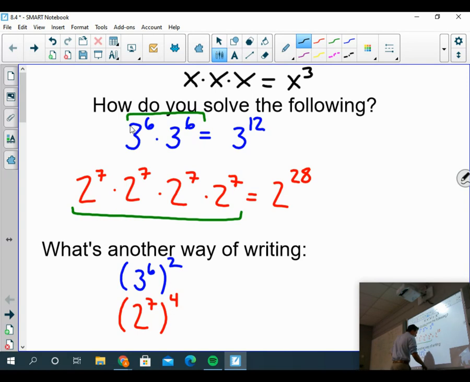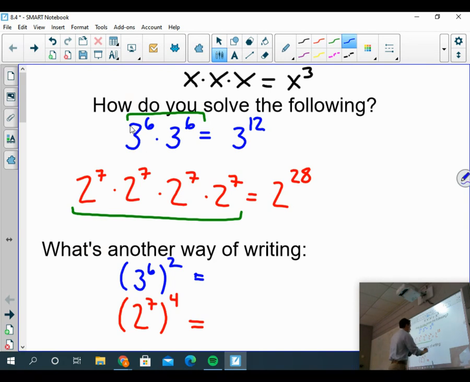Now let's examine these two truths, and I think you're going to see the main idea of 8.4 pop out of this. By our 8.3 knowledge, we know that 3 to the 6th times 3 to the 6th is 3 to the 12th, and by our knowledge of what exponents are, we can rewrite 3 to the 6th times 3 to the 6th as 3 to the 6th squared.